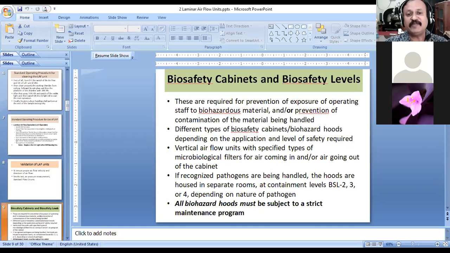Okay, especially when the work is in progress, especially when somebody is working with microbiological cultures, you won't allow an outsider to come and visit that facility while you are working. Okay, then there has to be control against insect and rodent infestation. What is rodent? What is the meaning of this word?